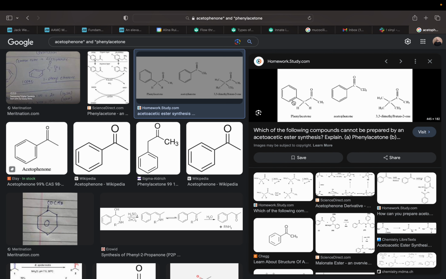This is phenyl acetone. So we have the acetone, and then there's a phenyl attached to the first carbon.